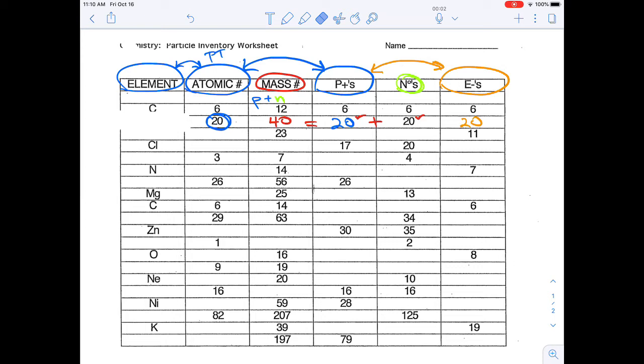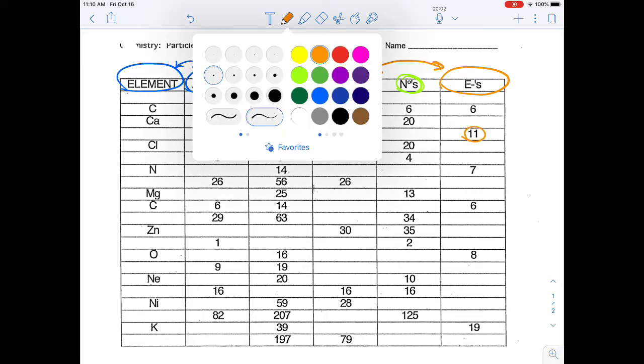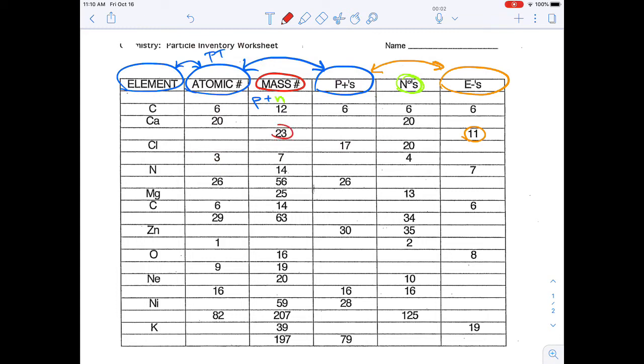But then things get trickier in this next example, because in this next example, they don't give us a lot of information. They give us electrons, and they give us mass number. And I have to figure out everything else. Well, let's see how we can use this information.